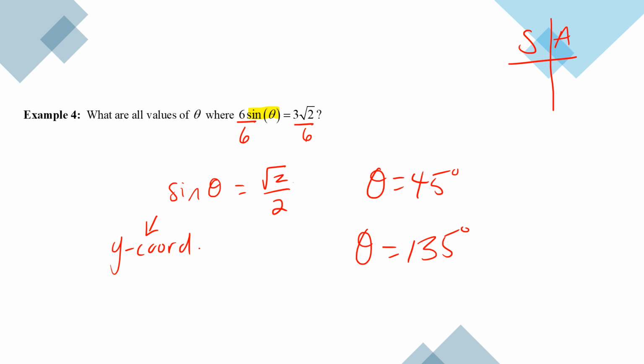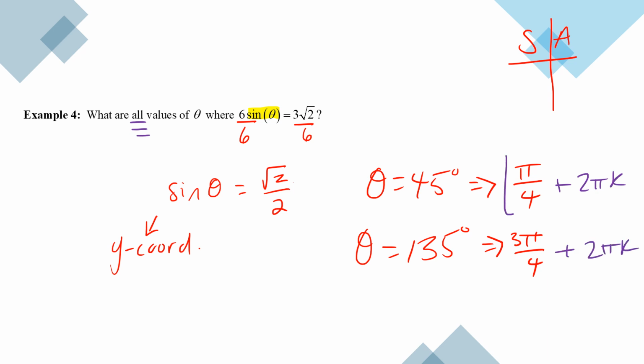Okay? So in radians, that puts us at pi over 4 and 3 pi over 4. Correct? Because it says all, what do I need to include in my answers? 2 pi.